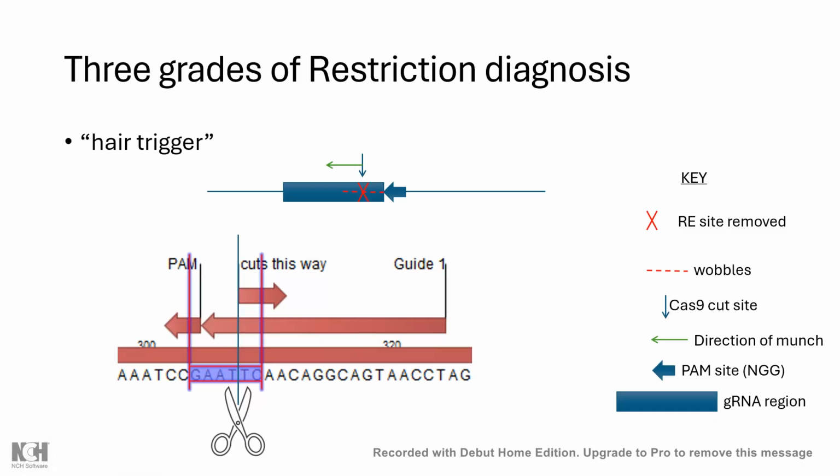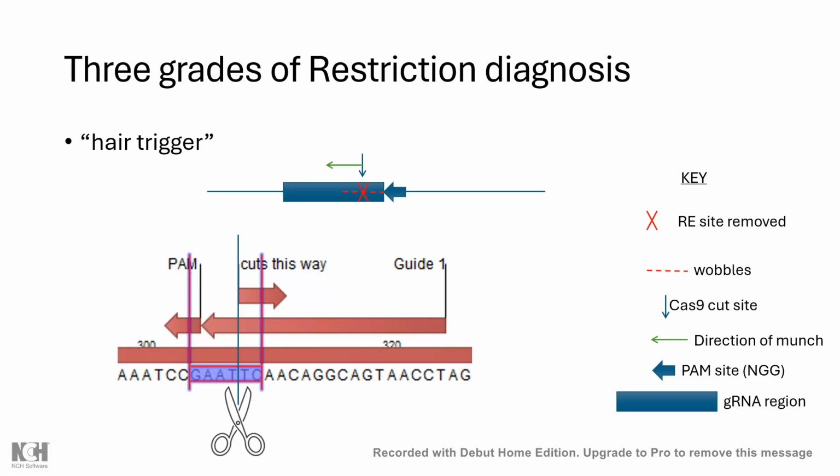Anyway, the point is the cut location straddles this EcoR1 site, and because the bases are lost in this direction, a single loss of a T or a C means there's no more restriction site, and therefore no cutting: hair trigger activation and detection.